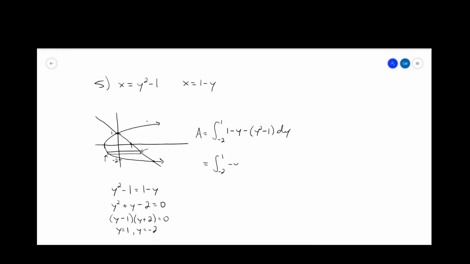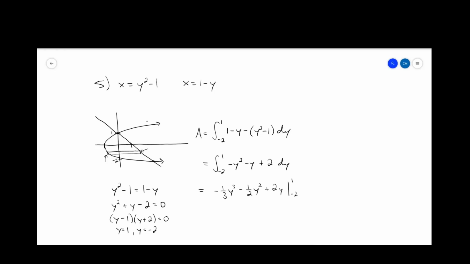So we get negative y squared, let's see, minus y, and then 2 plus 2. Antiderivative. Okay, and then plug in our bounds and subtract.